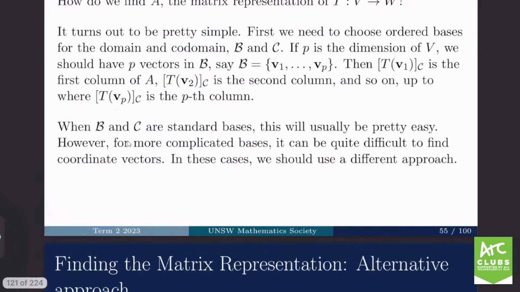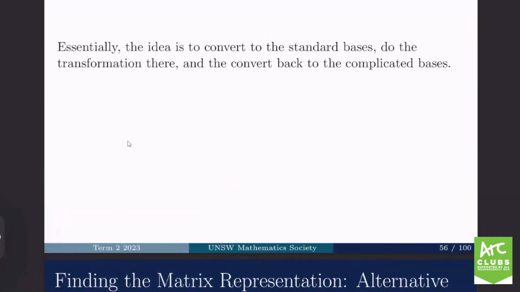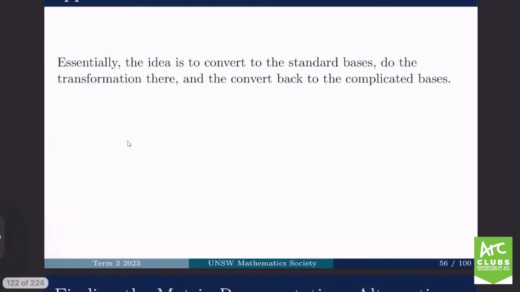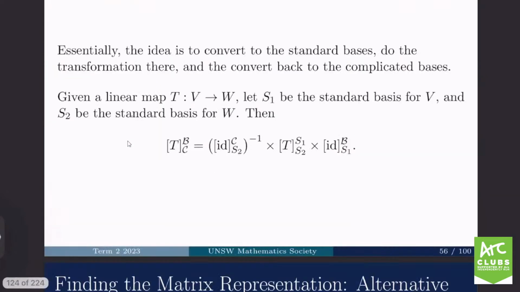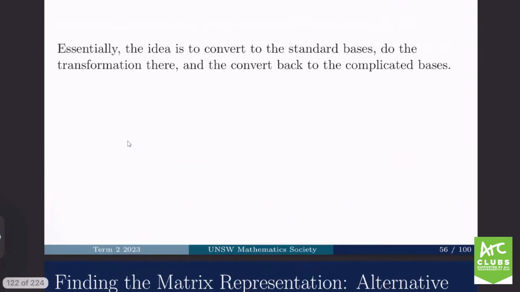So the general approach is this, okay? What we're going to do is sort of convert to standard bases and convert back. So a very key idea here is that taking coordinates is itself a linear transformation.